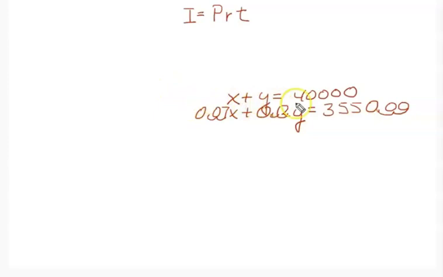Now we want one of these to cancel out. So for instance, if this x here became a negative 7x by multiplying everything in this by a negative 7. And I'll rewrite this so it makes it a little clearer. So let me pause.